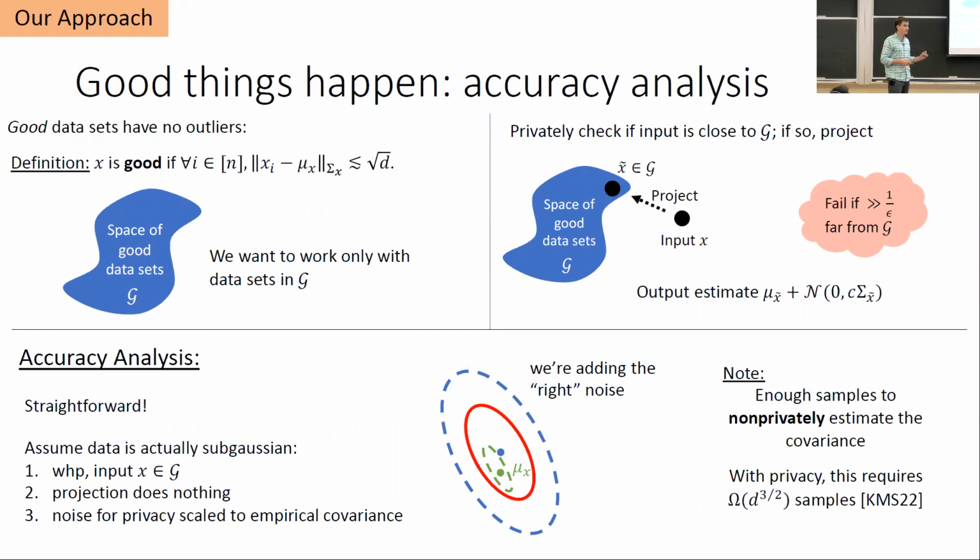I'll point out here, we are estimating the empirical covariance. We're getting a good estimate. We're just not privately estimating it. Recent work by Kamath, Mouzakis, and Singhal shows that privately doing this estimation requires d to the 3/2 samples. So we're not releasing this estimate, but we do use it in our algorithm.